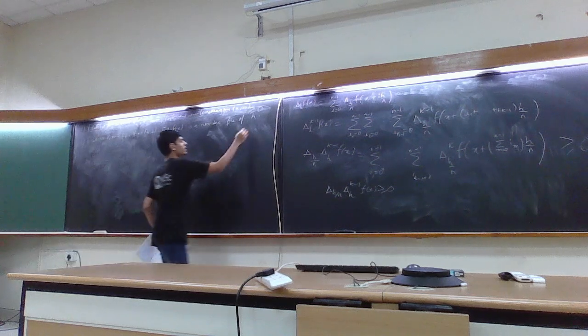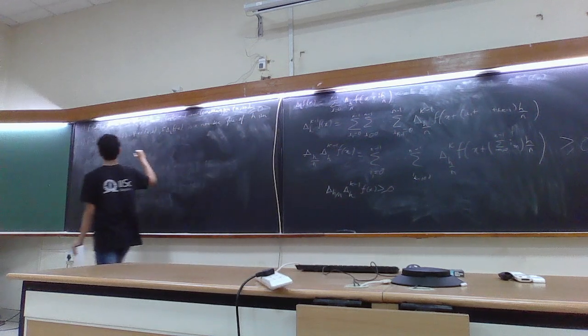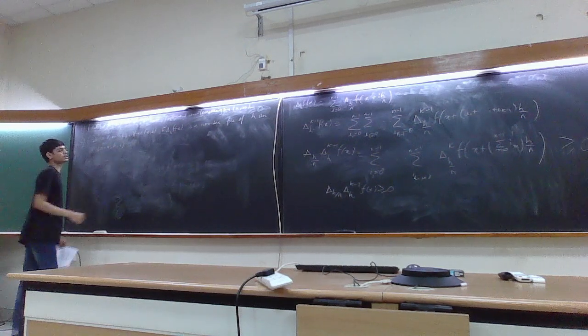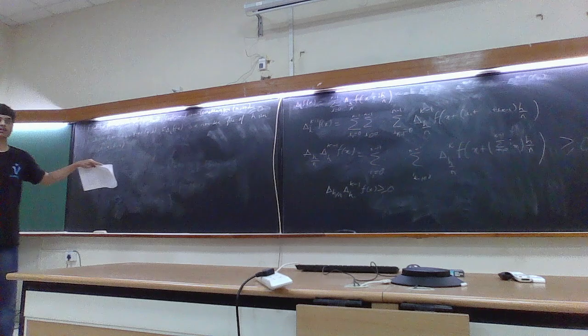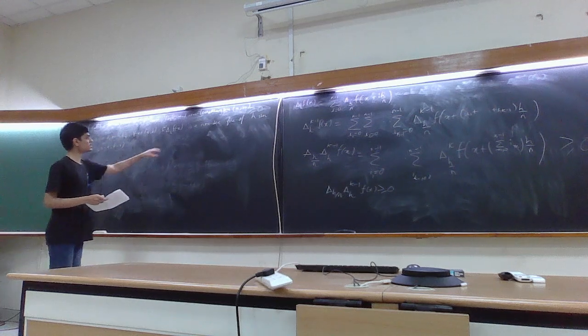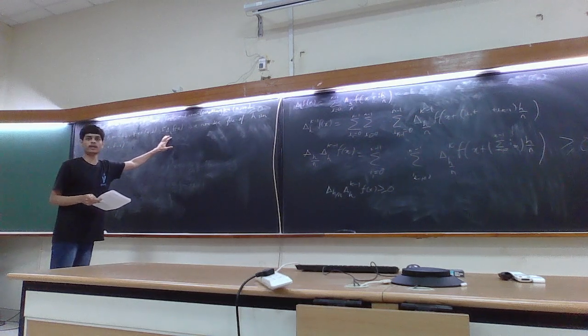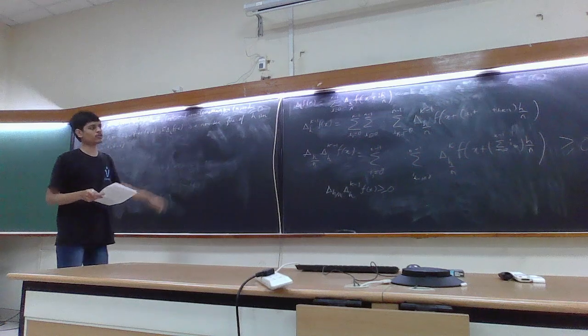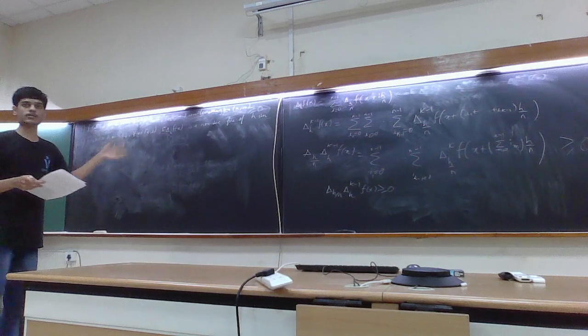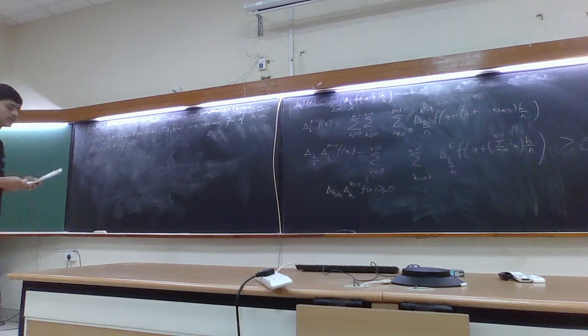Here the interval is a minus x to b minus x, because you cannot go past that interval. So this is the difference quotient, right? And you need to prove things about this difference quotient.